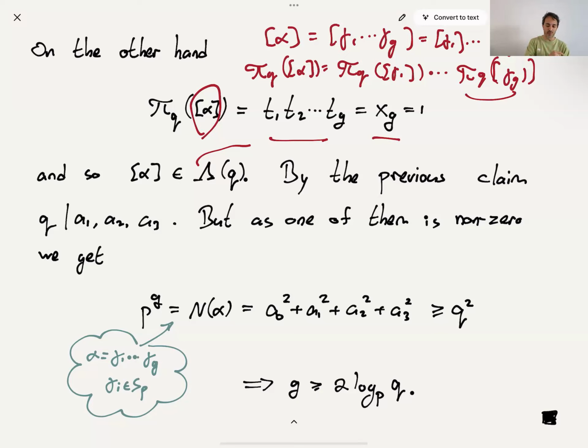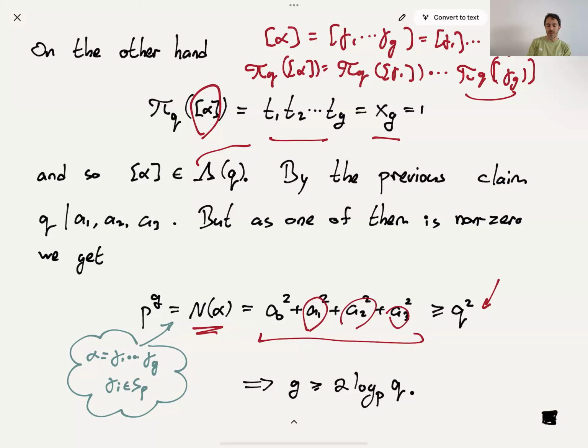But we know from what we did now that one of them is non-zero as an integer. So one of them is a non-zero multiple of q.